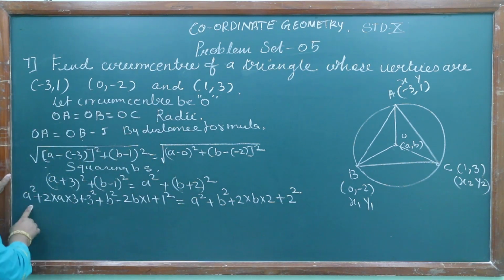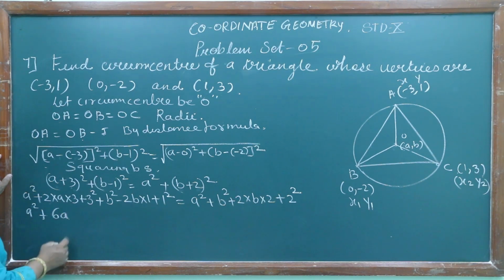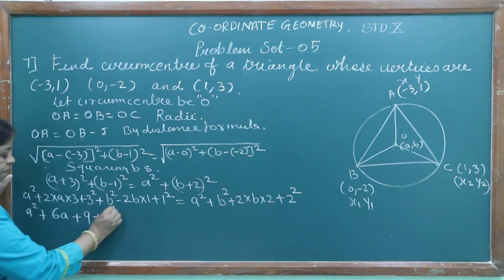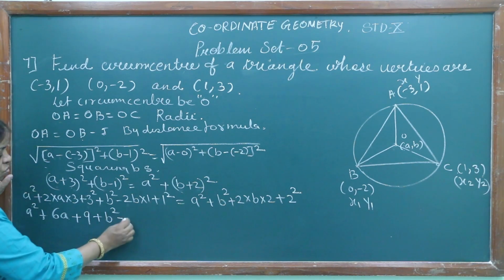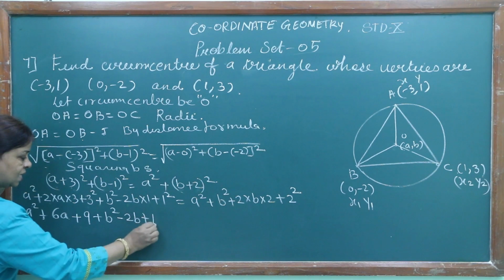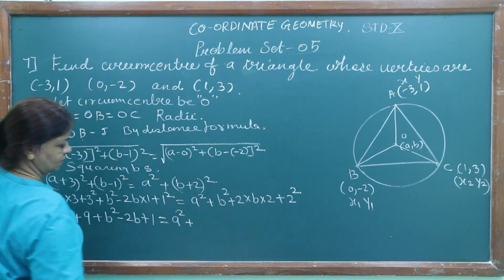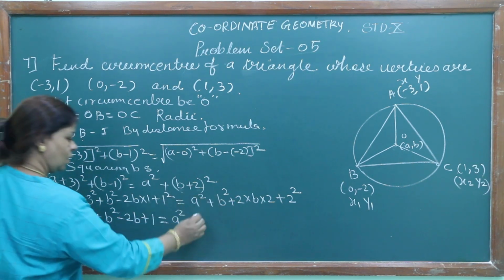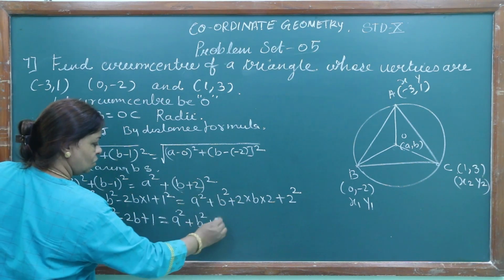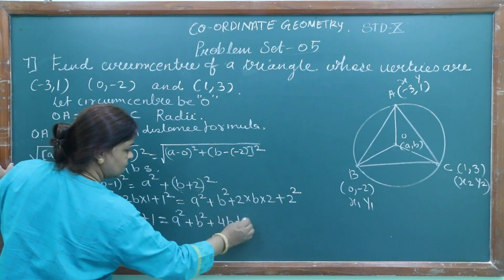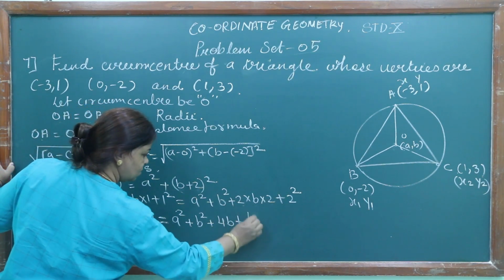Okay, now a square plus 2 threes are 6a plus 9 plus b square minus 2b plus 1 is equal to a square plus b square plus 4b plus 4.